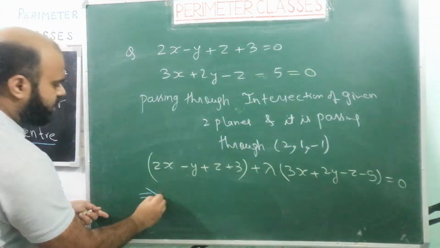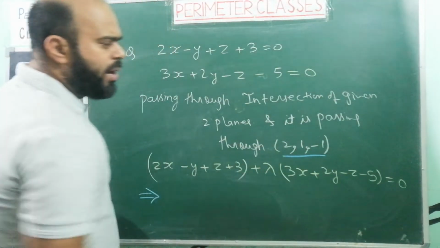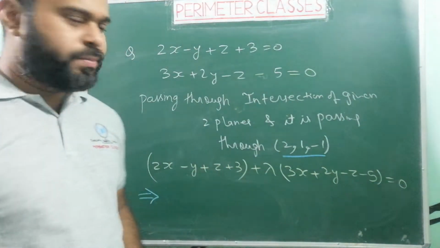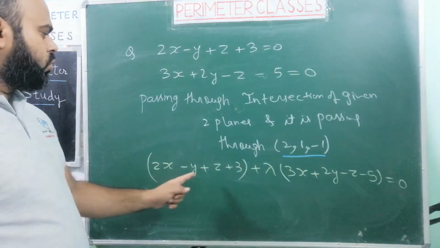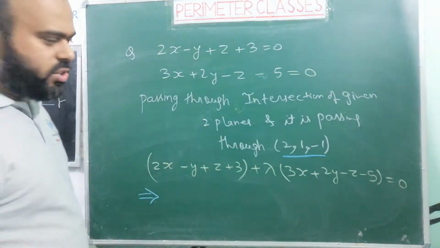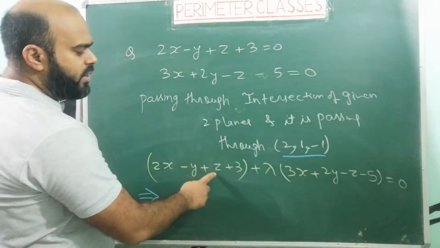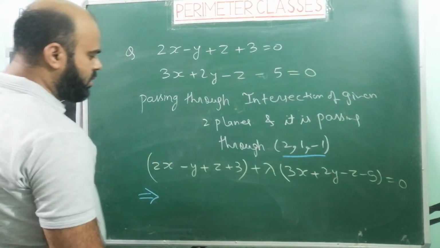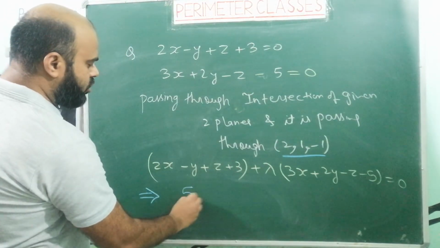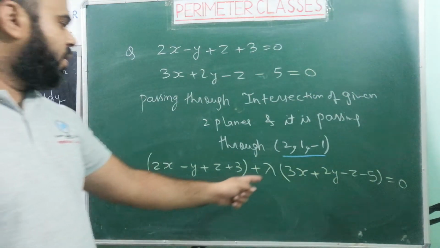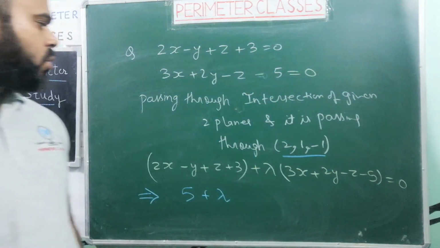Now, since it is passing through 2 comma 1 comma minus 1, it should satisfy this point. So let us put x as 2, y as 1 and z as minus 1. It will be 4 minus 1 is 3, and minus 1 is 2. 2 plus 3 is 5, plus lambda times, and here also we will put the values.